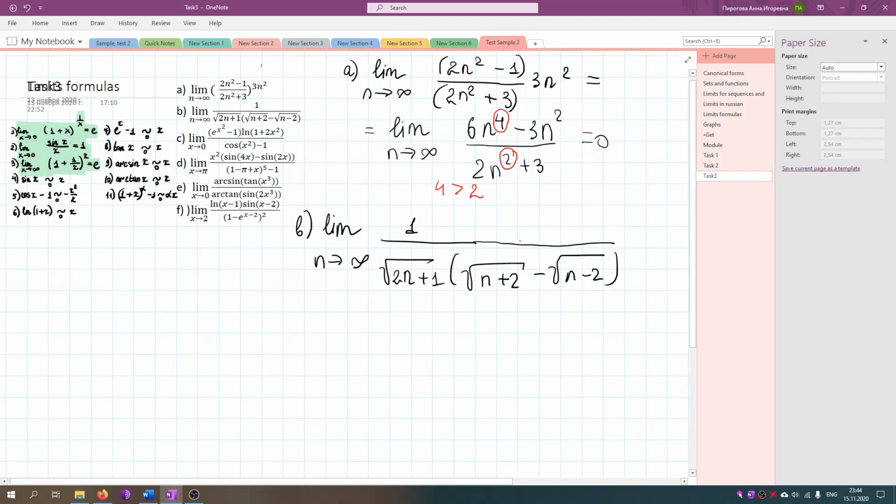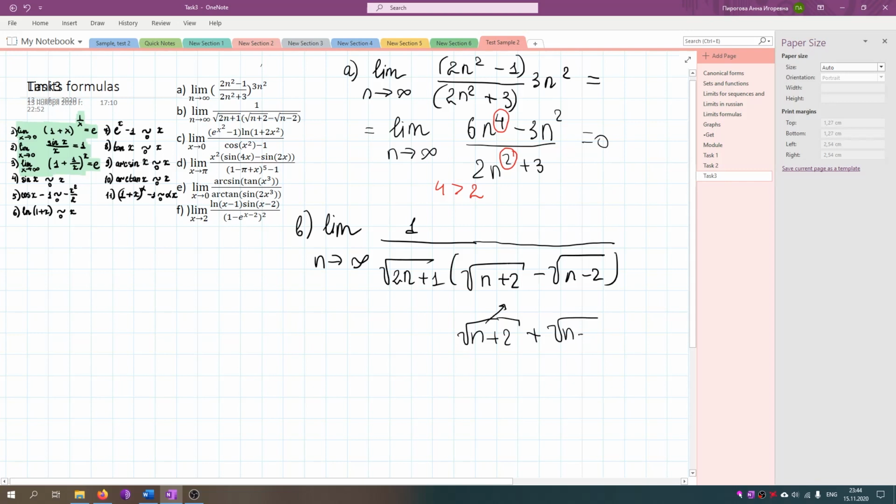The method for solving this task is that you need to multiply this whole fraction by the opposite expression.